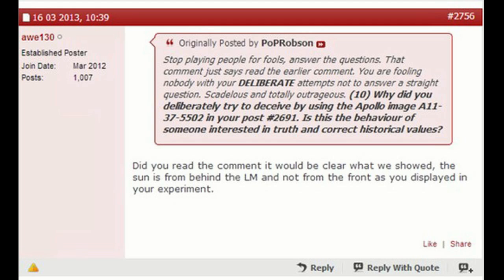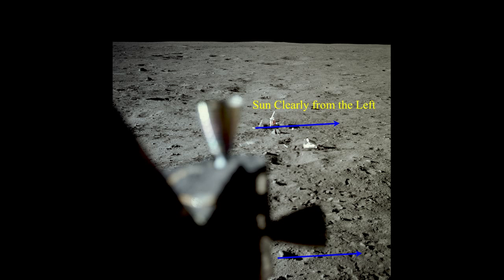He showed Apollo image AL395502 and tried to insinuate that the sun was behind the lander. Is this the behaviour of a truth seeker? Are these blatant untruths the work of someone interested in historical values? If you look at the correct image, you can clearly see that the sun is from the left.